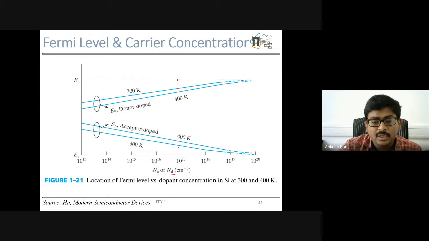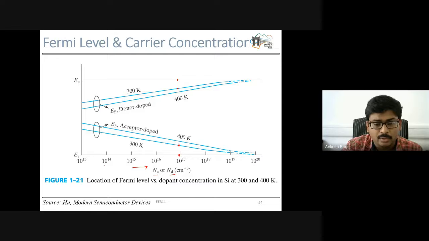And similarly, the lower the distance between your Fermi level and the valence band top, the higher will be the hole concentration. And similarly, you can see here how the difference between your Fermi level and the valence band, as well as the Fermi level and the conduction band, is decreasing with the increase in the doping level.